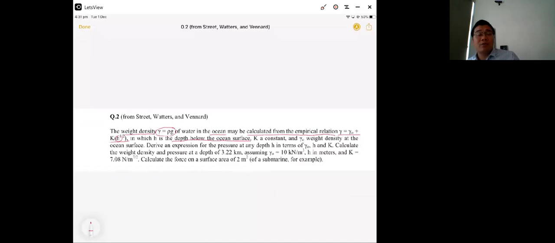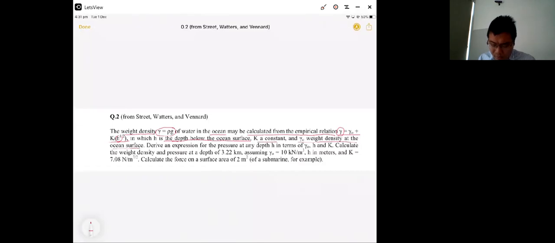So you can't use Pz minus P0 equal to rho g s. You have to use dP over ds equal to rho g. Weight density or density depends on the depth, not constant. h is the depth below the ocean surface, k is a constant, and gamma 0 is the weight density at the ocean surface.